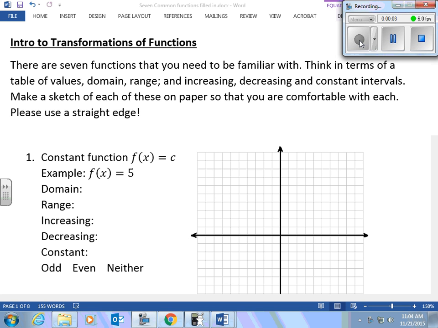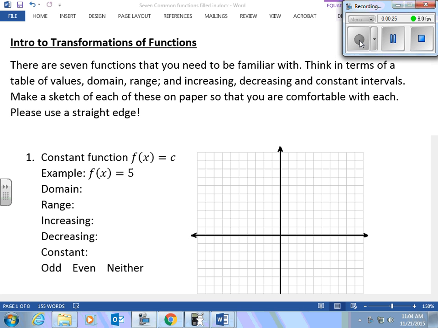As we move into transformations of functions, before we do that, we need to become familiar with 7 common functions. And by becoming familiar with it, what I mean is that you need to be able to rapidly produce a table of values, know the domain and range of the function, and whether it's increasing, decreasing, or constant.